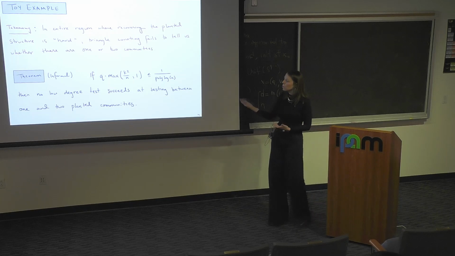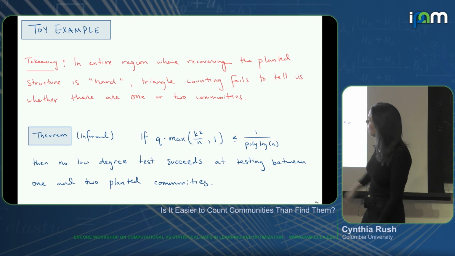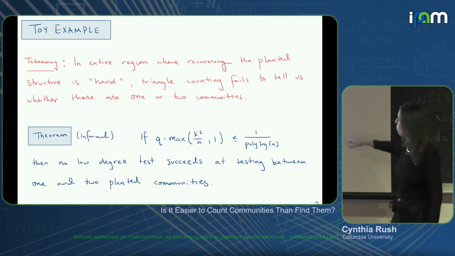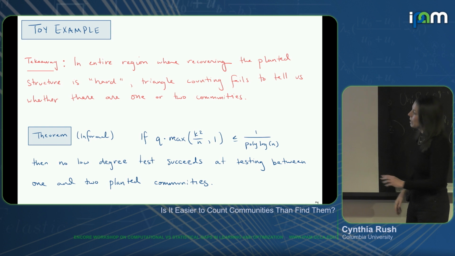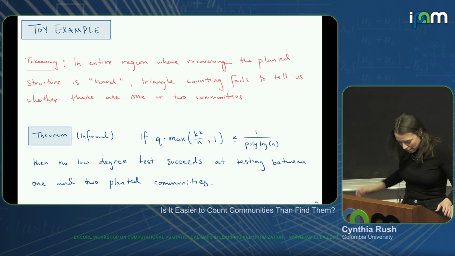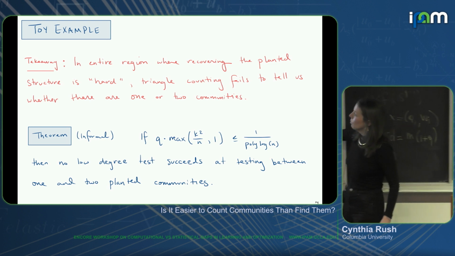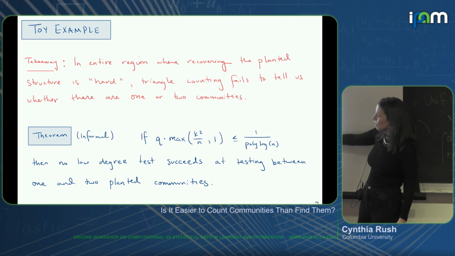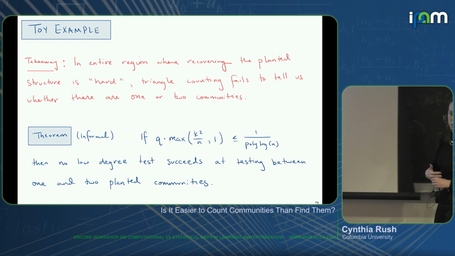Informally, the result we give is that if Q times k squared over n is upper bounded by 1 over some polylog term in n, then no degree test succeeds at testing between the planted one and two communities. We showed that triangle counting fails outside of this regime, and what we prove in the paper is that any polynomial test of degree less than log n is going to fail outside of this regime as well.